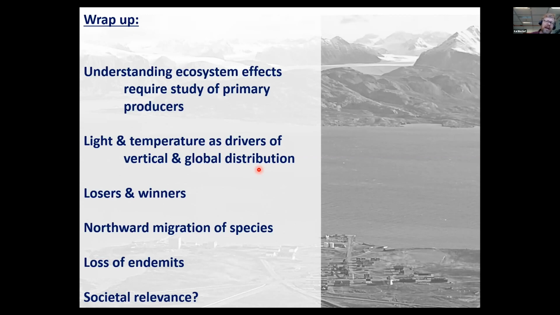Keep in mind, light and temperature is changing. Light is also changing as a consequence of temperature change in Arctic fjord systems. And light and temperature are important drivers for the vertical and global distribution of seaweeds and of course, most of the species. As always, there will be losers and winners.